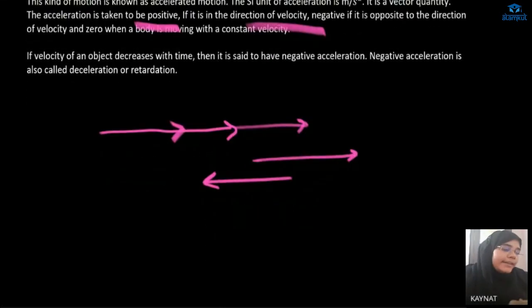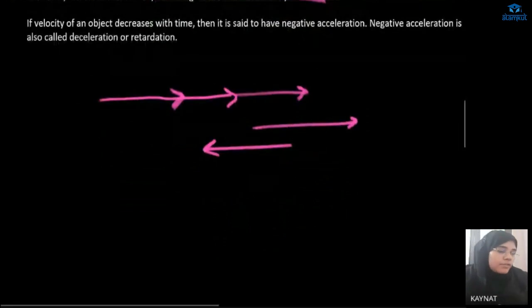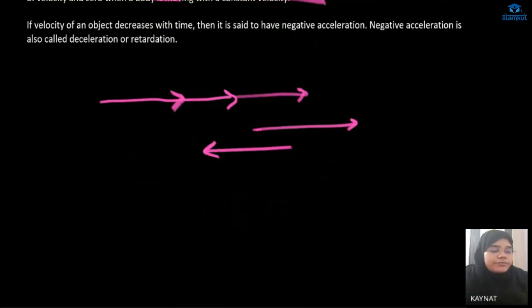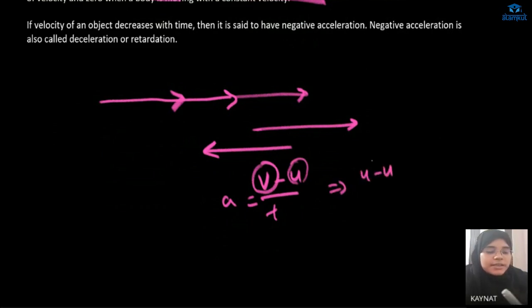And if the body is not changing its velocity, then it will be constant velocity with zero acceleration. Because if the body does not change its velocity, what will happen? The formula is v minus u upon t, right? So v is the same as u, meaning u hasn't changed.